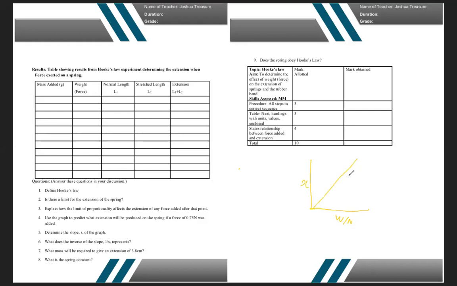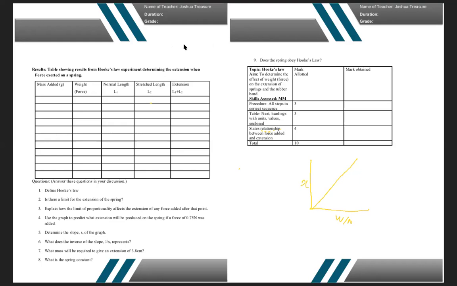So from this graph, what can you say about this? What is the relationship? Inversely proportional, directly proportional, right? Which one of them? Directly. Right, so it'll be directly proportional.